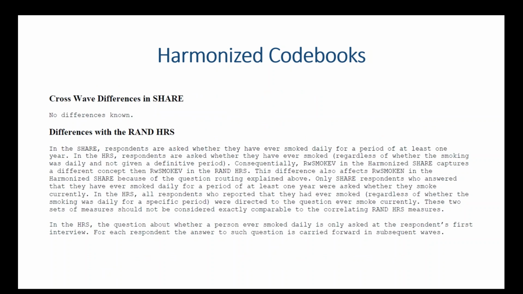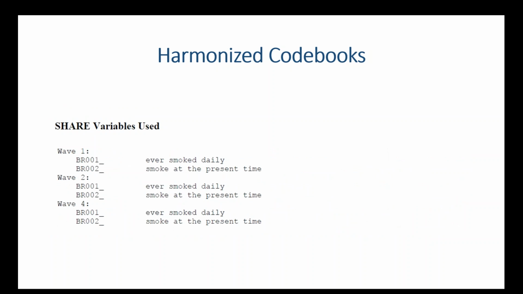So if you're looking at a health outcome, which you only expect to occur from daily smoking for a lot of years, then this distinction might be important, versus whether you're just trying to capture something maybe behavioral about risk-taking or views about health behaviors. The last thing we do is we list those SHARE variables used. So in this case, it's really simple, as we saw in that skip pattern.